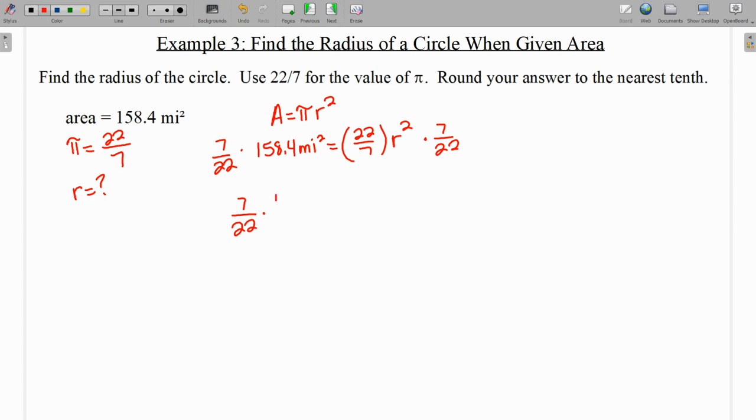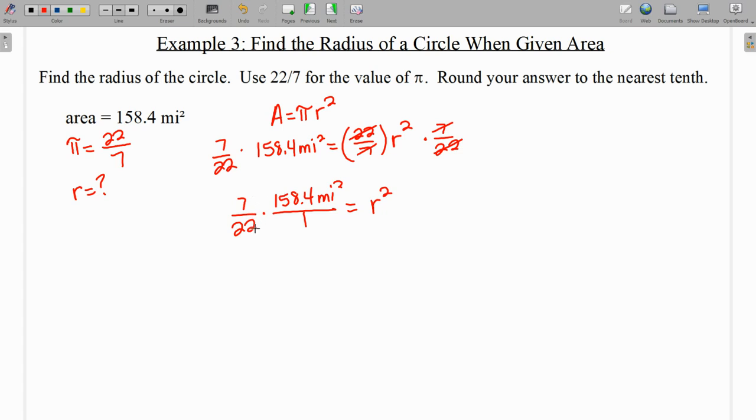I do that by simply putting the 158 and 4/10 square miles over 1. And then equals, and on the other side, I'm taking 22/7 r squared times 7/22. What happens is the 22s are going to cross cancel each other out, as are the 7s, and that's just going to leave me with r squared.